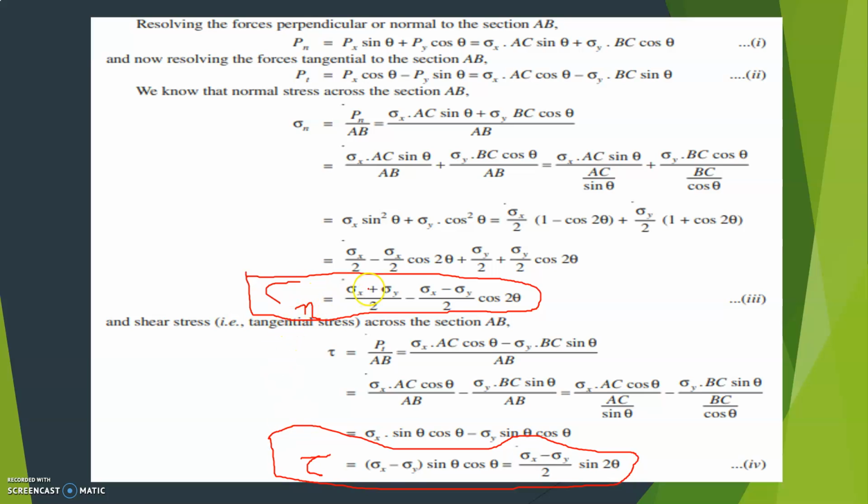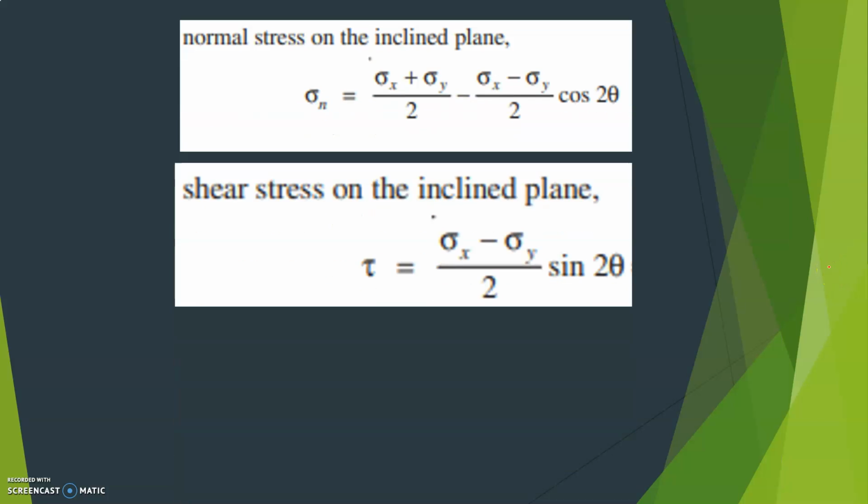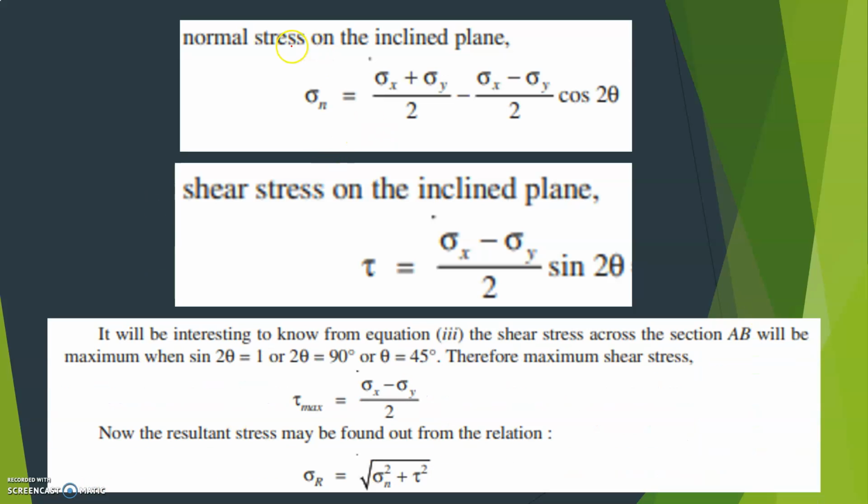Sigma n is this, and tau or tangential stress is sigma x minus sigma y divided by 2 into sine 2 theta. So I have written here, finally, the normal stress on the inclined plane is given by sigma n is equal to sigma x plus sigma y divided by 2 minus sigma x minus sigma y divided by 2 into cos 2 theta.